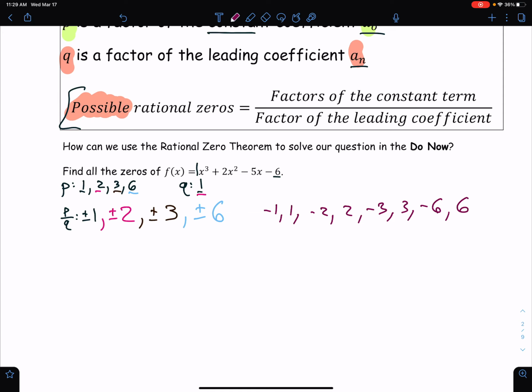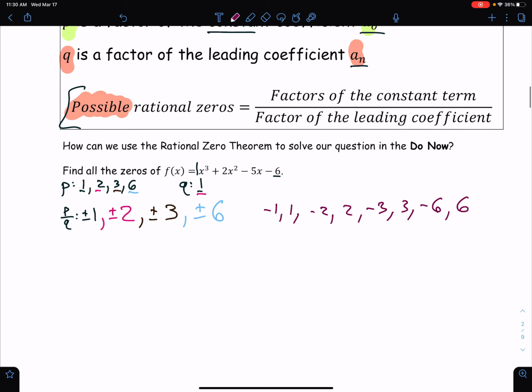If I don't get a remainder of 0, that's definitely not going to be a zero. We have to go and try the next one. What I would recommend for finding the zeros is do the easiest ones first. I think 1's the easiest one because 1's so easy to multiply and add. So I'm just going to try 1 first.